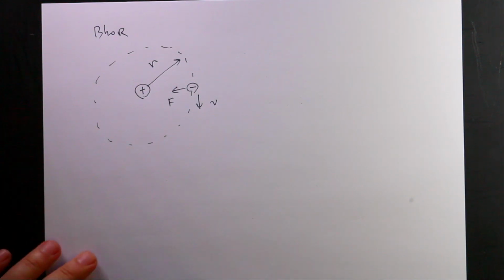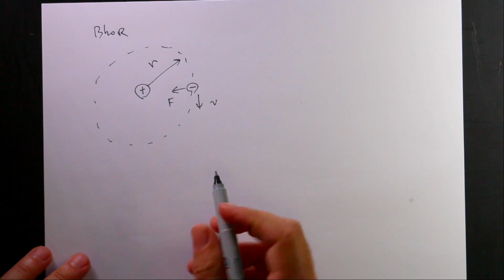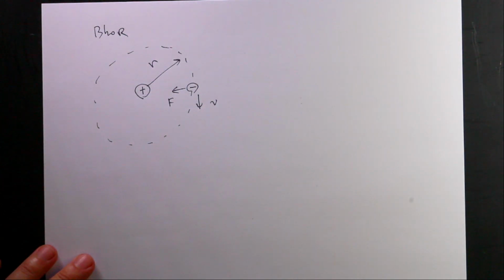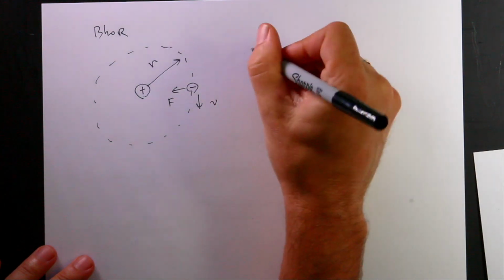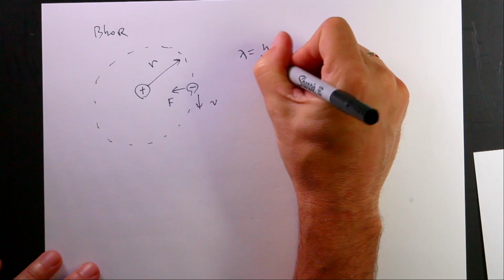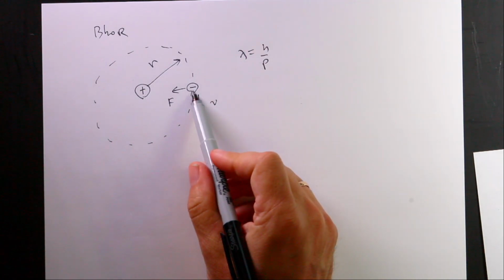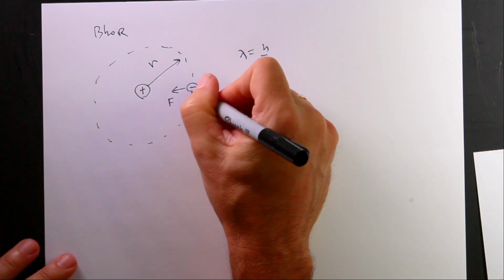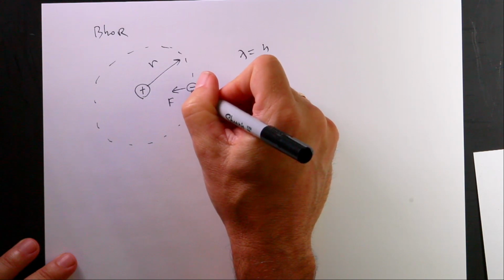But one of the things that they found was, what did they say? They said if lambda, I'm going to write this out. If you assume that an electron has a wavelength, then I could draw this like this.